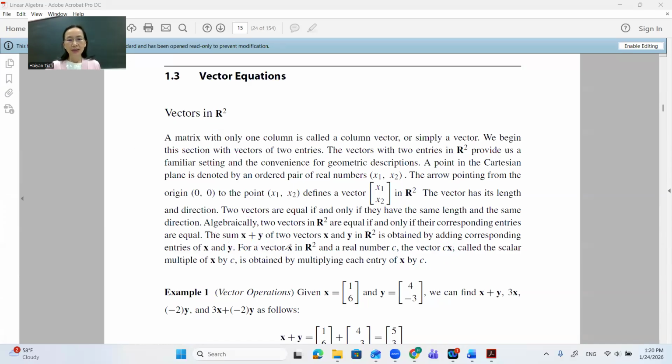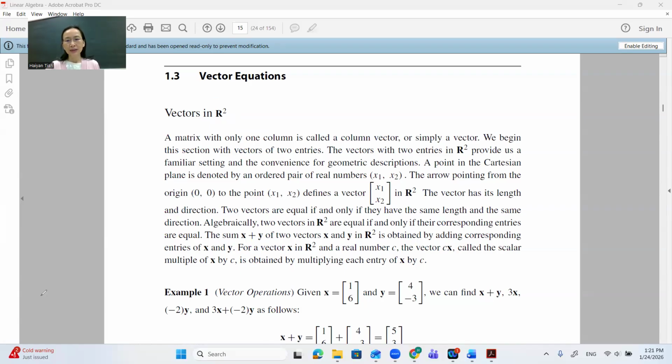So now, what do we mean by adding two vectors? We're very familiar with vectors in R2, that is a two-dimensional space, right? That means a vector with two entries. And then let's simply start with vectors in R2. How do we do sum? That means addition of two vectors.